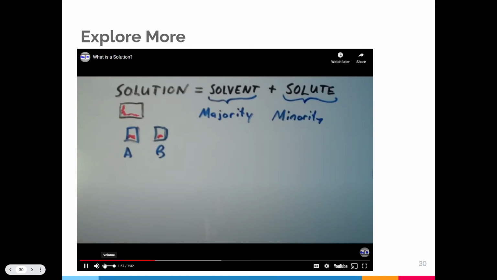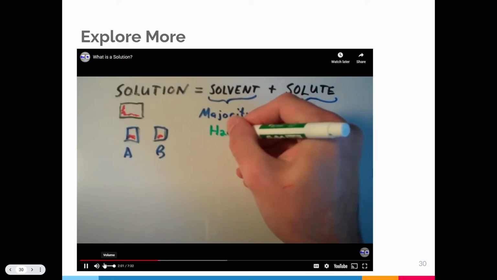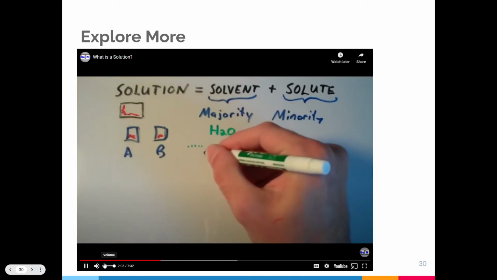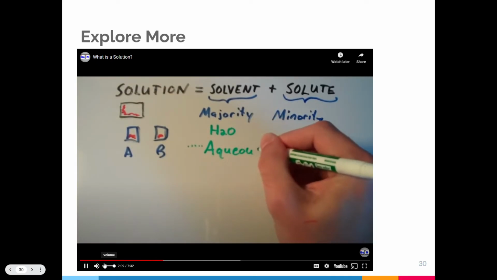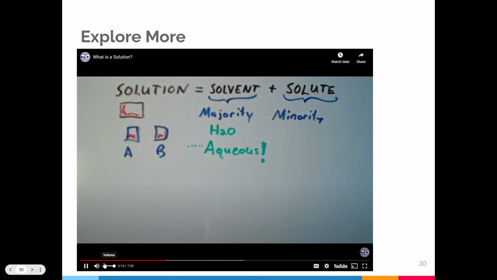Now, if our solvent happens to be water, H2O, then we call this an aqueous solution. Because water is so abundant and relatively cheap, water is used as what we like to call a universal solvent.